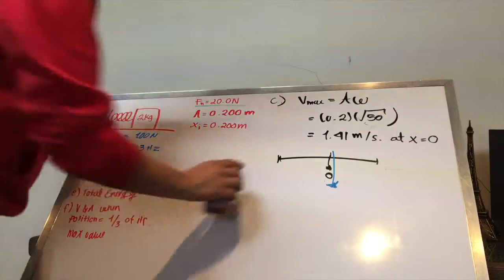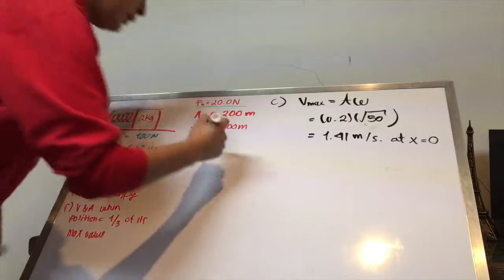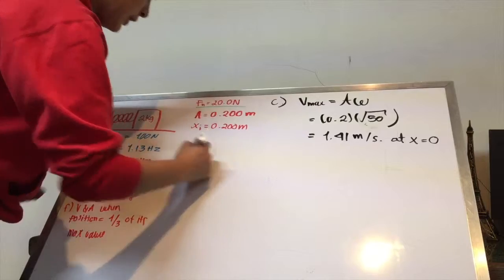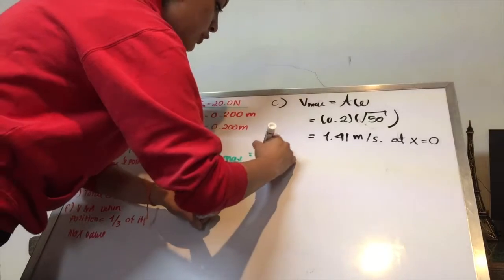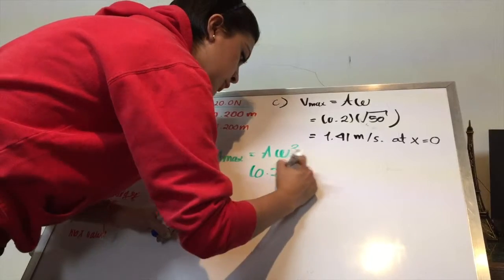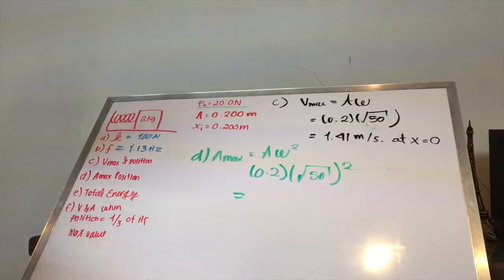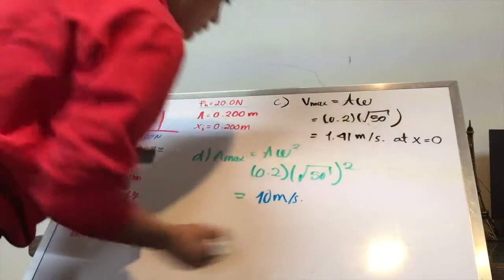For the maximum acceleration, part D, the maximum acceleration is equal to our amplitude times omega squared. So we have 0.2 times the square root of 50 squared, which is equal to 10 meters per second squared, which we're going to write over here.